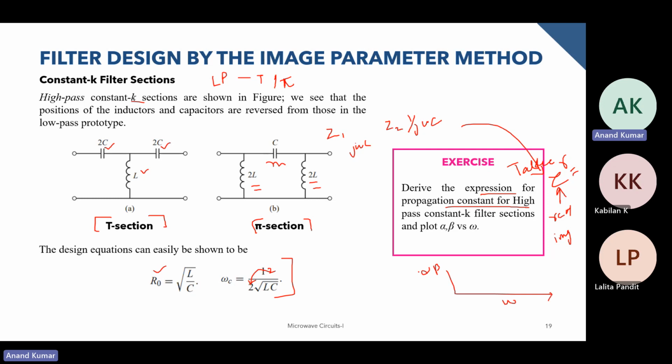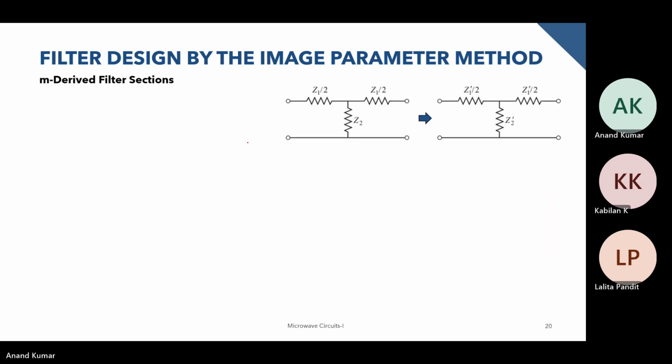I leave this up to you. You should see the pass band in the high frequency, so you'll get a pass band over here and the stop band over here. I'll leave this as an exercise.